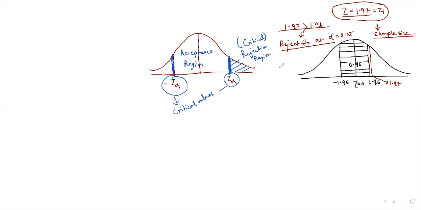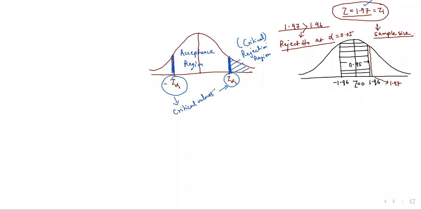And when you are solving a particular problem, your value, say Z equal to 1.97, is actually falling very near to the critical value. The critical value is 1.96. Then you are thinking, shall I repeat my experiment once again with a different sample, with a different size, and setting the null hypothesis as before?